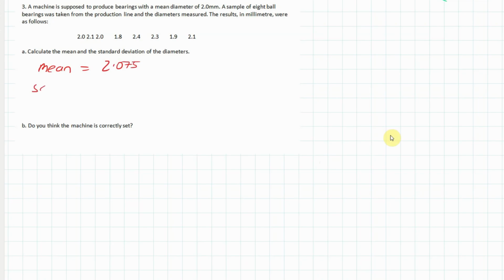And the standard deviation is equal to, so remember what the formula is: the sum of the x values squared divided by the number of values. So we're going to go 2.0 squared plus 2.1 squared plus 2.0 squared plus 1.8 squared plus 2.4 squared plus 2.3 squared plus 1.9 squared plus 2.1 squared.